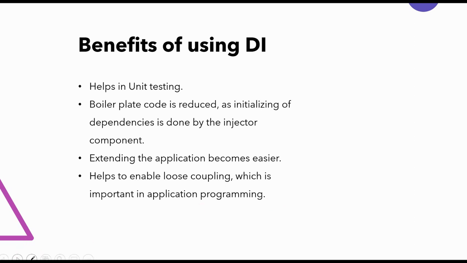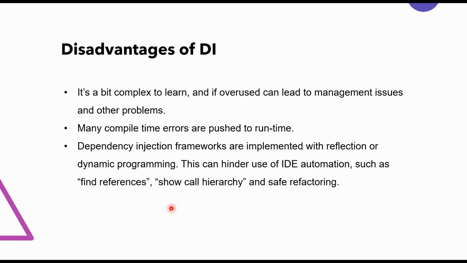But hold on, what are the disadvantages? It's a bit complex to learn, and if overused it can lead to management issues and other problems. Many compile-time errors are pushed to runtime, because dependency injection happens at runtime, so there may be many runtime exceptions. Dependency injection frameworks are implemented with reflection or dynamic programming.